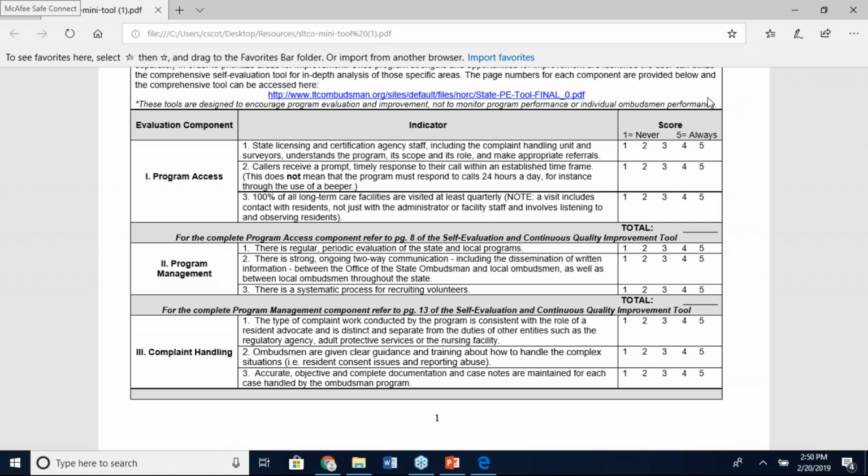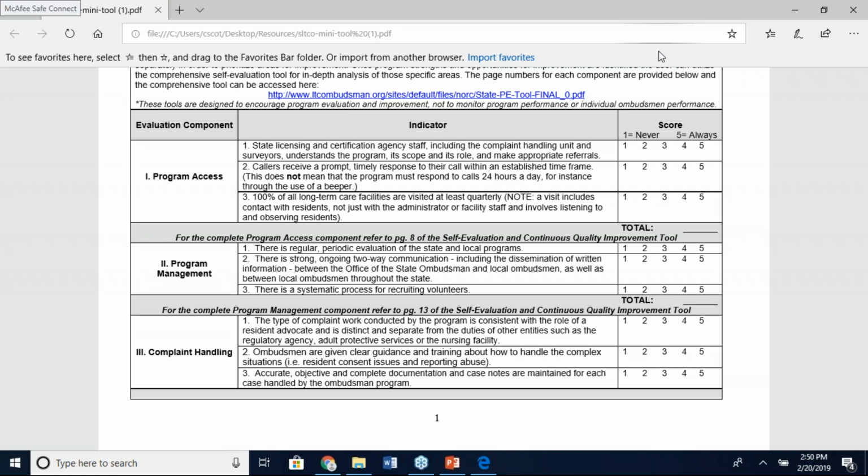And using this evaluation tool and sharing it with somebody in leadership at my agency can also be a way to say, here's where we're doing well, and here's where I see a real problem, and asking for support, maybe even financial support from your agency in some way.